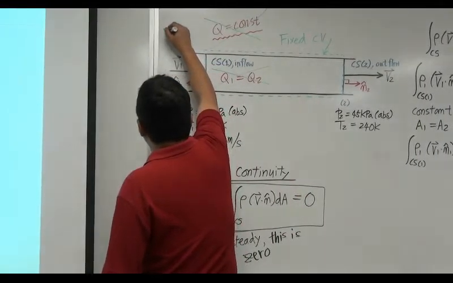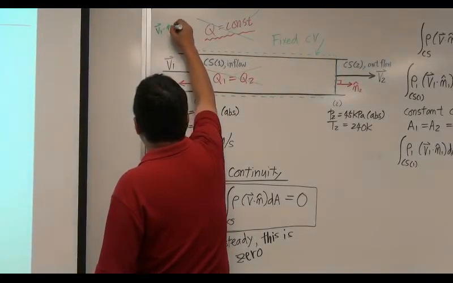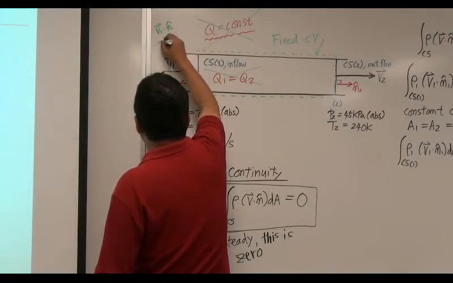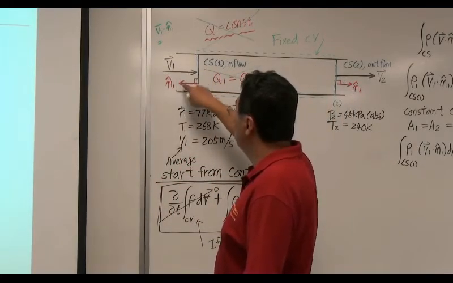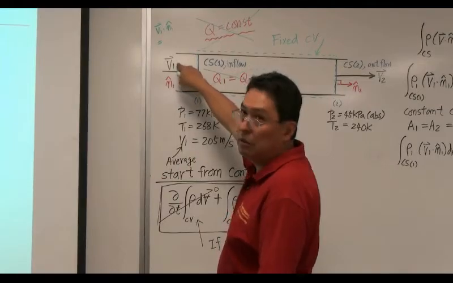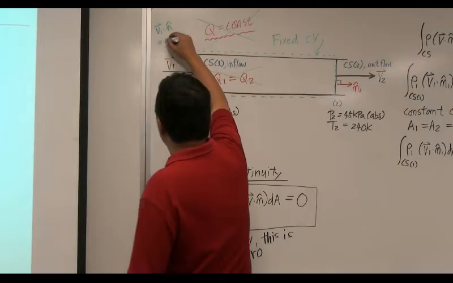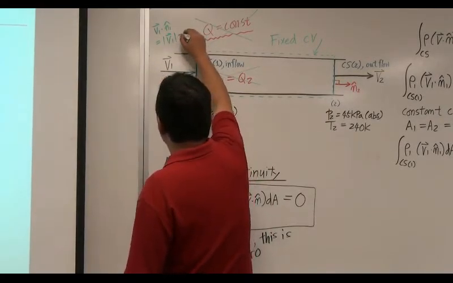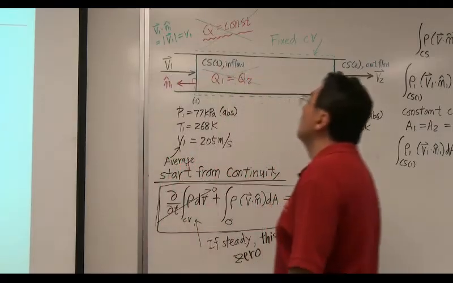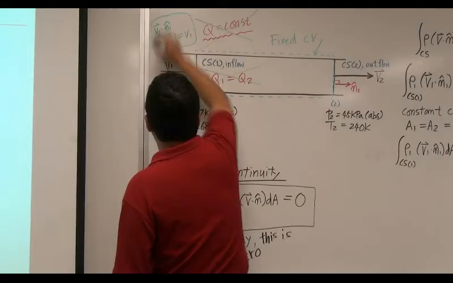Suppose you take the vector dot product between V1 and n1, what do you have here? If you take a dot product between two opposing vectors, one has magnitude of V1, the other has magnitude of 1. Okay? So that's what I got by taking the product.